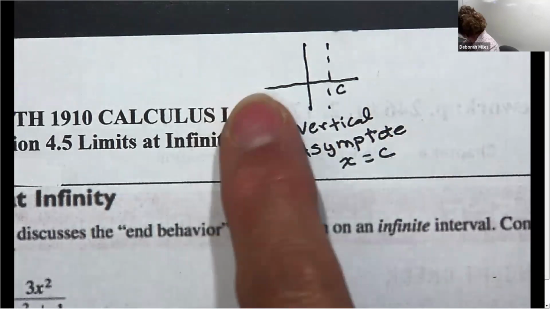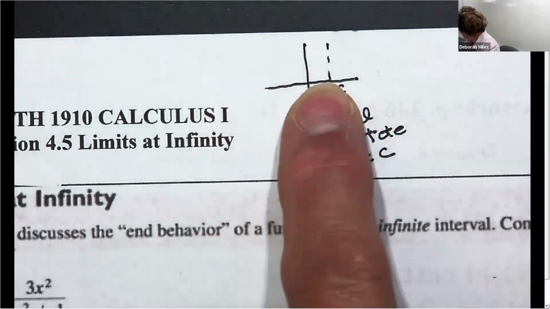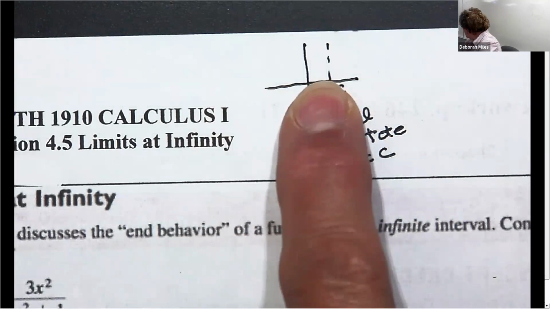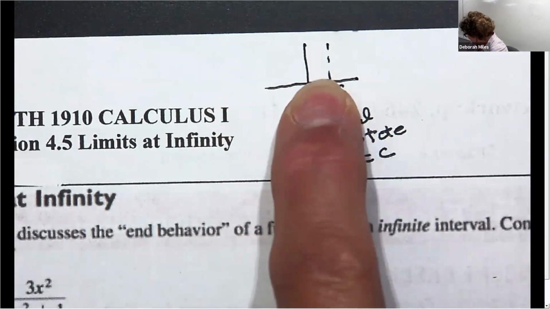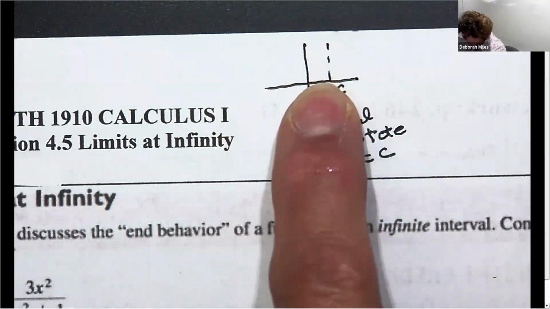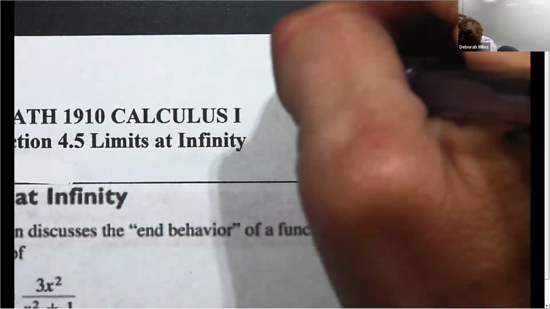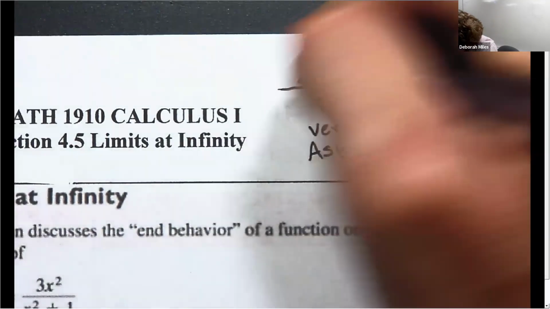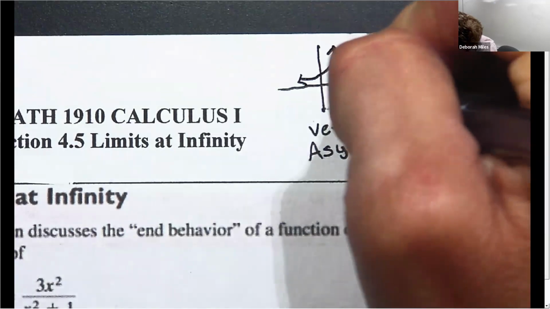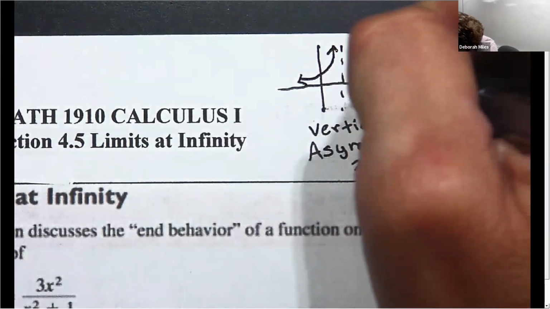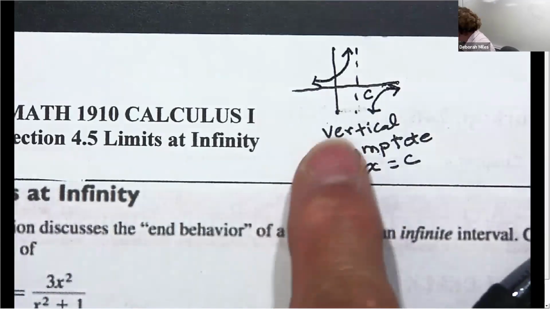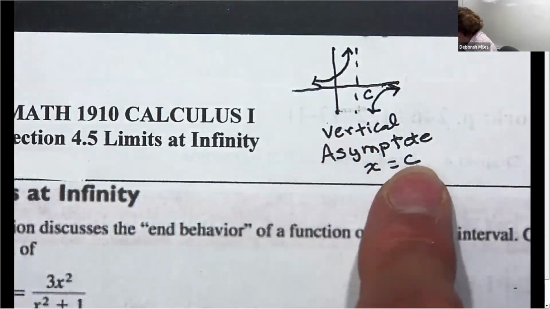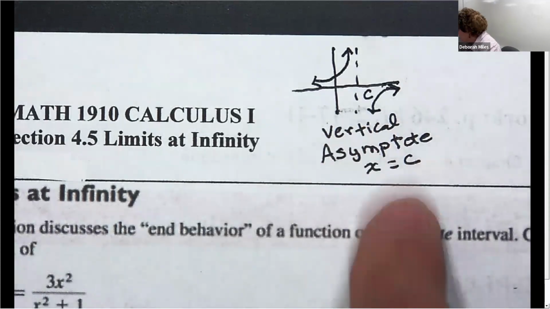Now my x's are approaching c. My y's are either going to positive infinity or negative infinity. That's the definition of a vertical asymptote. If there's a number c such that when x approaches c, your y's are going to infinity or negative infinity, then x equals c is a vertical asymptote.